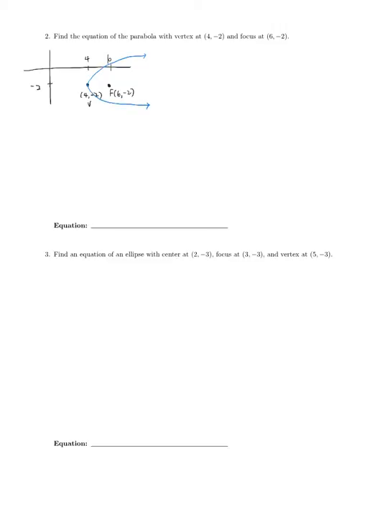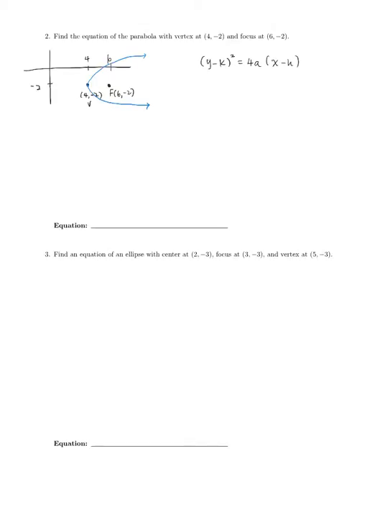Hey, that's pretty good. All right, so now let's look at the formula sheet. You will be given the conic sheet, so you can just look at it anytime you like. So since it opens towards the right, the equation that we need to use is y minus k squared equals 4a times x minus h.